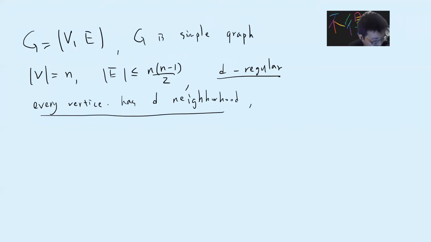And from here we get our famous adjacency matrix. So let me just quickly remind you. The adjacency matrix is an n by n matrix, with entries A_ij.